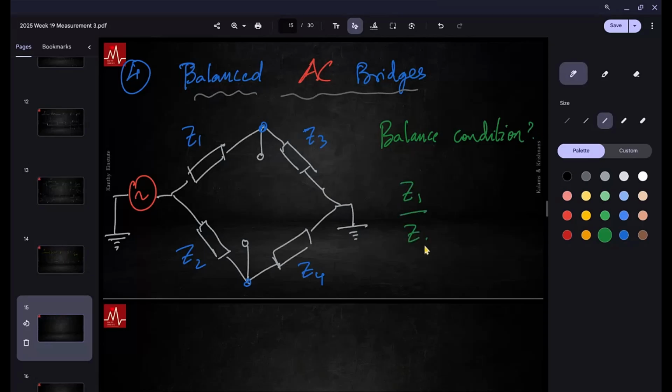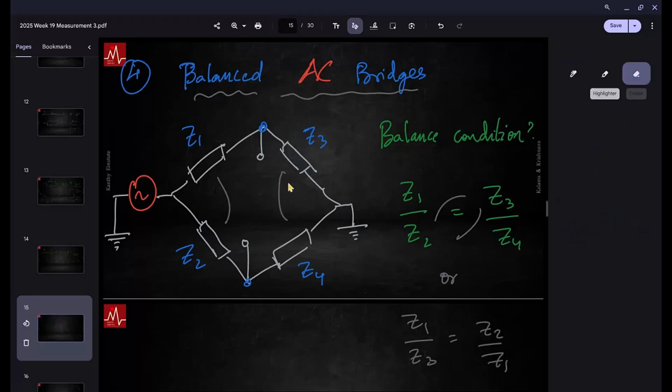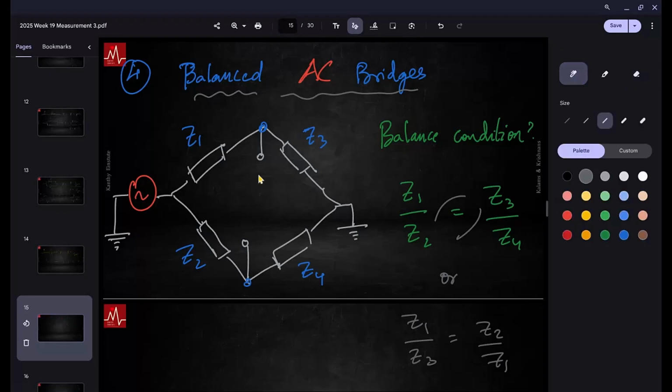Z1 by Z2 equals Z3 by Z4. You could also write it this way. It's one and the same. Or you can take it to this side: Z1 by Z3 equals Z2 by Z4. So this by this equals this by this, or this by this equals this by this. Either way is fine.